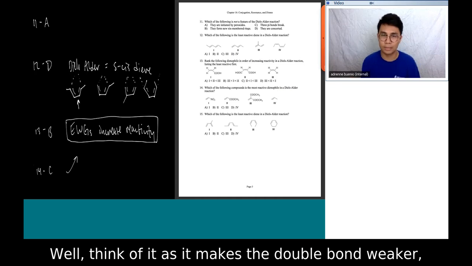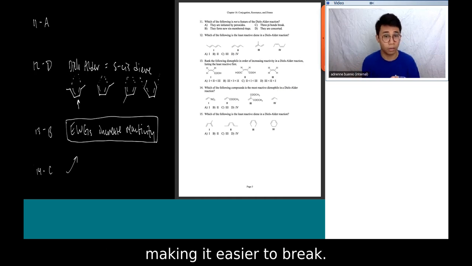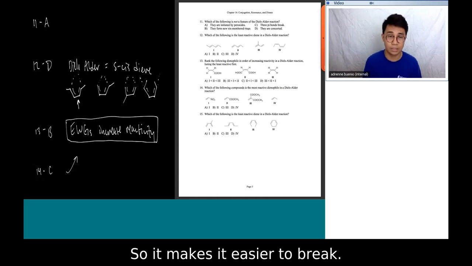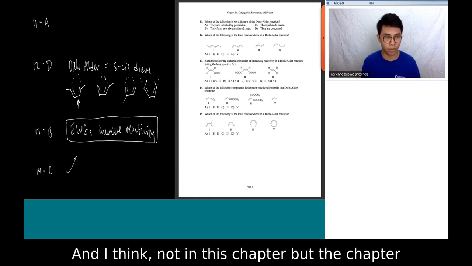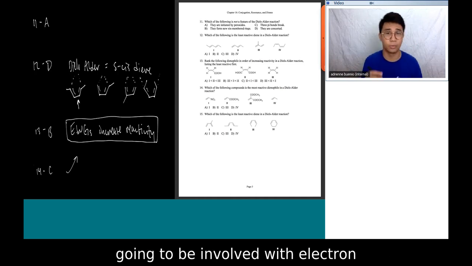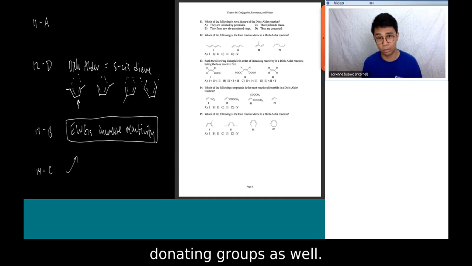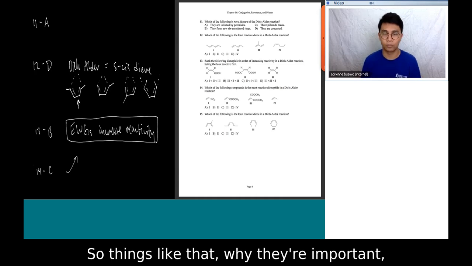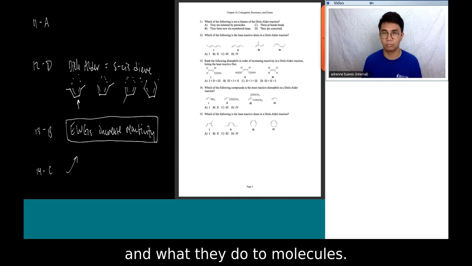Well, think of it as it makes the double bond weaker, making it easier to break, right? So it makes it easier to break. And I think not in this chapter, but the chapter after, we're going to be talking more about what electron withdrawing groups do, and we're going to be involved with electron donating groups as well. So things like that, why they're important and what they do to molecules.